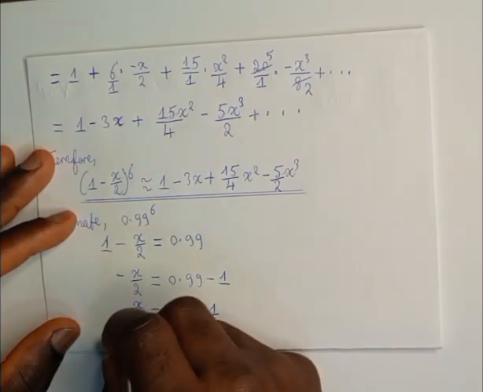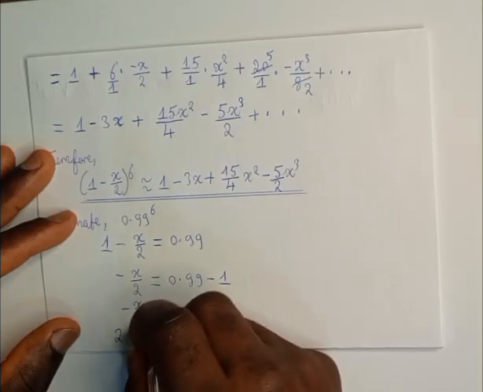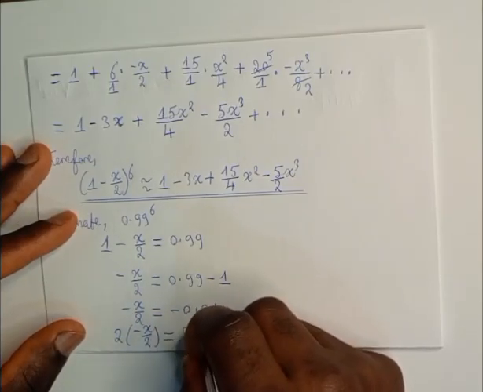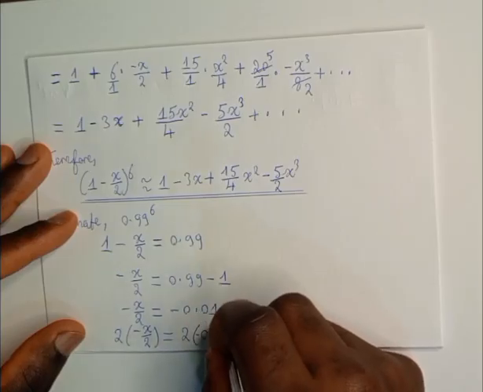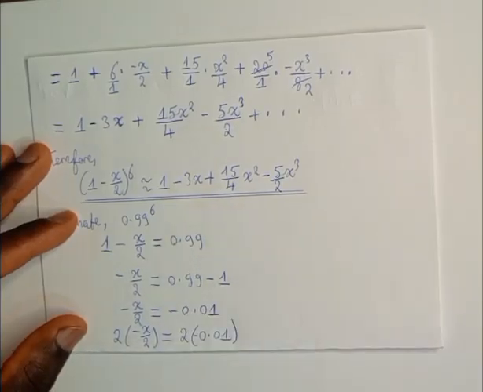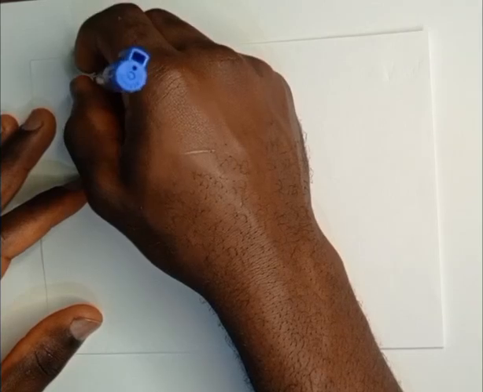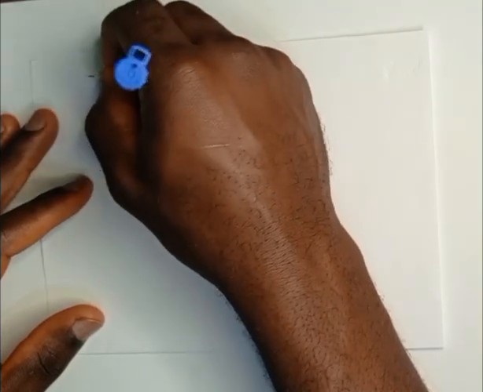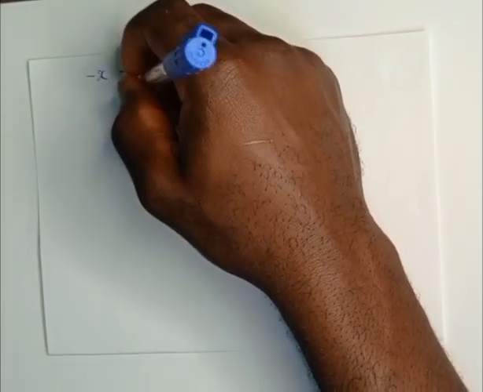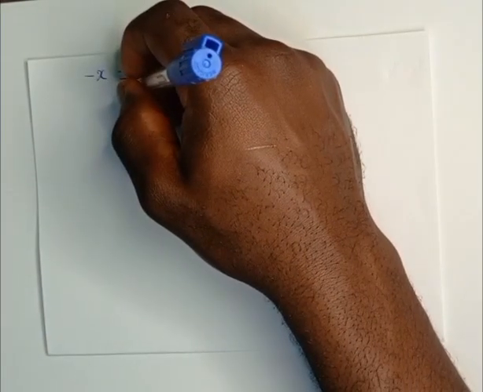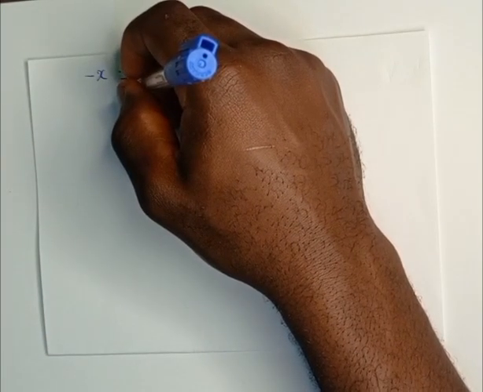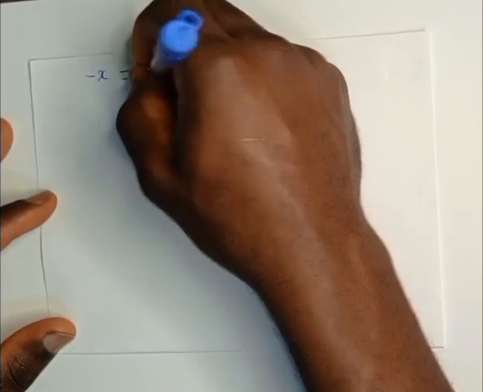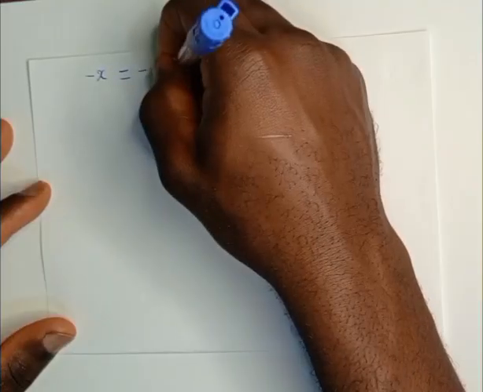This will give us 2 times negative x on 2 to be equal to 2 times negative 0.01 as such. This will give us 2 times negative x over 2 gives us negative x equal to 2 times negative 0.01 is simply equal to negative 0.02.